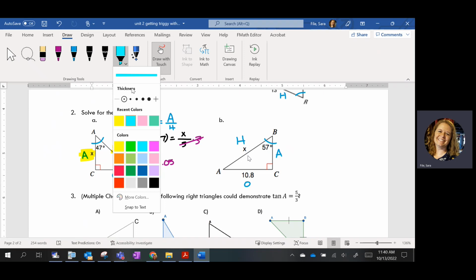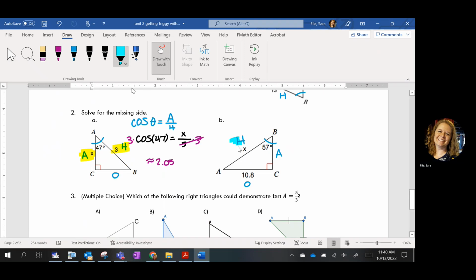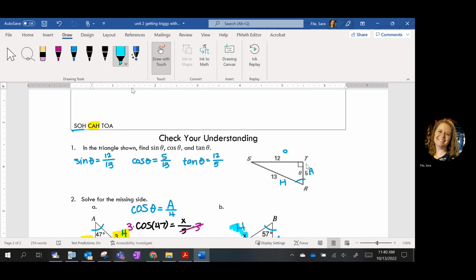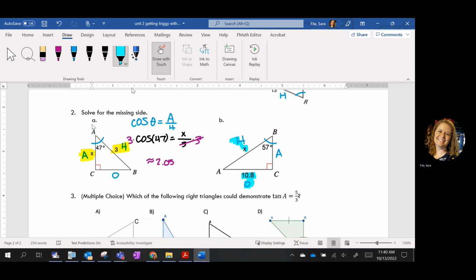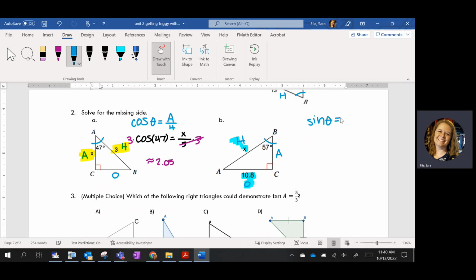Looking here, if I want to know hypotenuse, and I'm given opposite, what trig function puts H and O together? Sine. So we're going to use sine this time. So this is sine of theta is O over H.